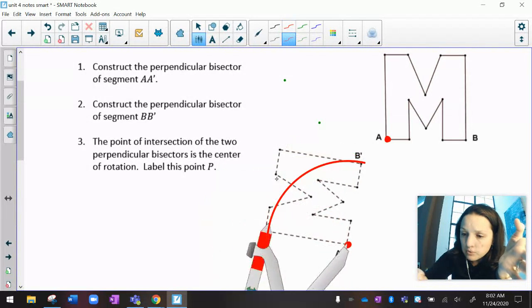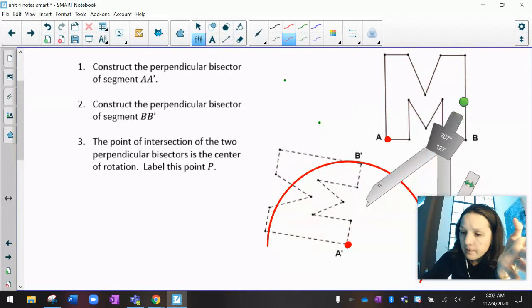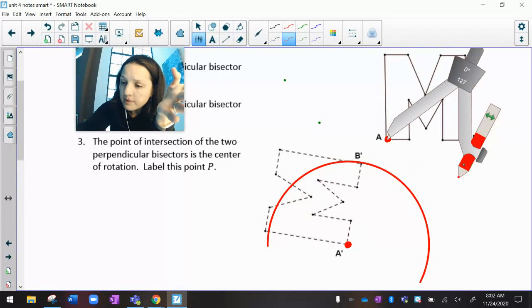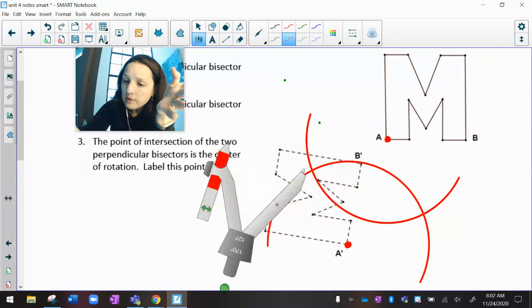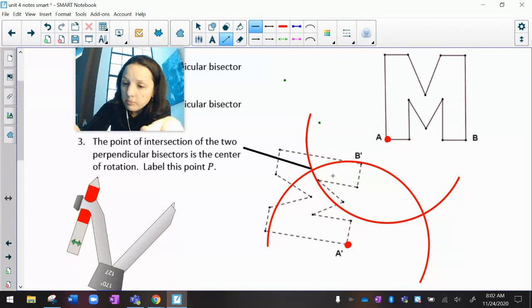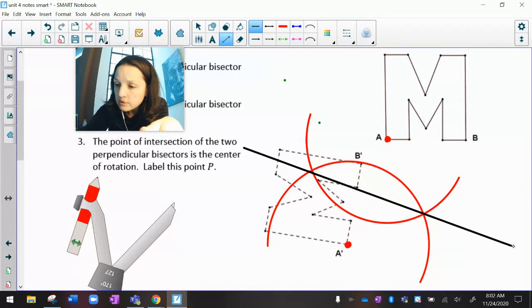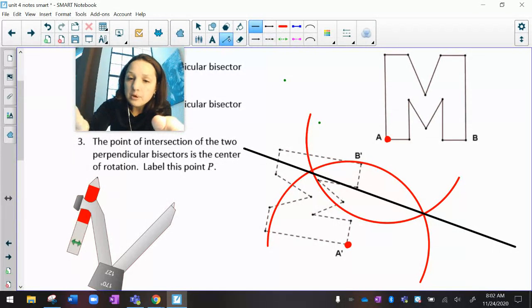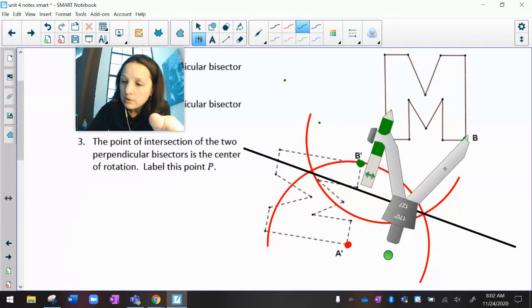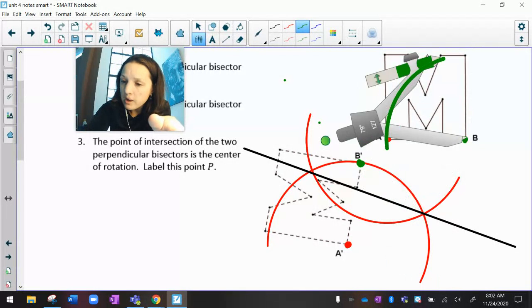And then I'm going to draw my football. Let me move my face over here. My face is in the way. Bloop. And then I'm going to draw this perpendicular bisector. And then I'm going to do the exact same thing, but I'm going to do it between B and B prime. So let me open this more than halfway.